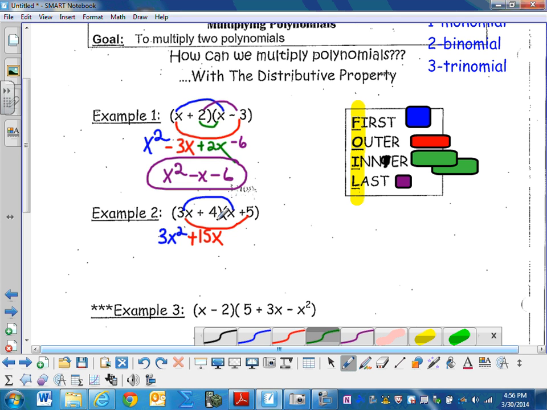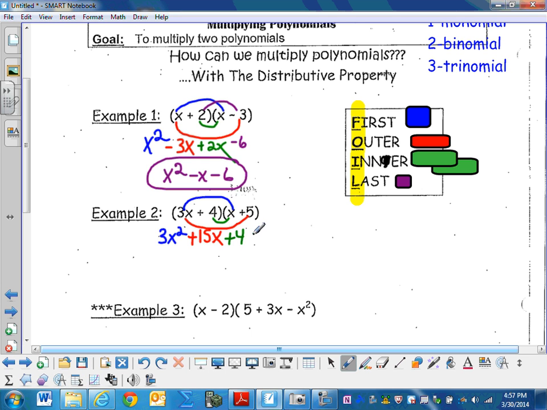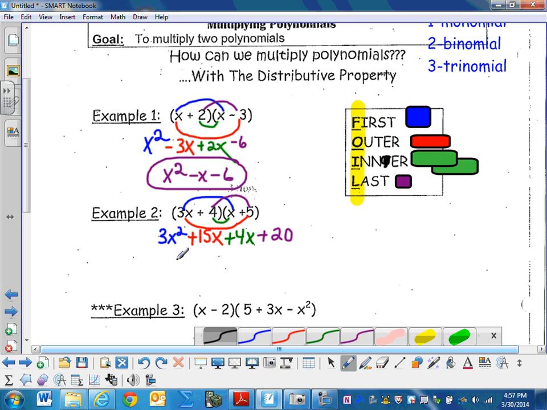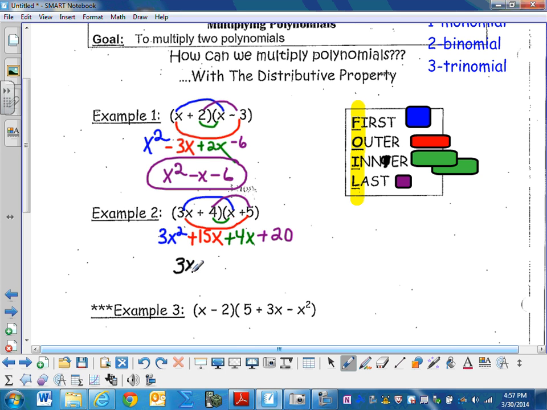The inner term, 4 times x is 4x. And the last terms of each binomial, 4 times 5 is 20. So we're going to rewrite combining any like terms, 3x squared plus 19x plus 20.